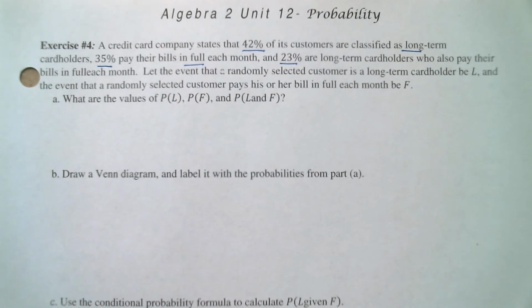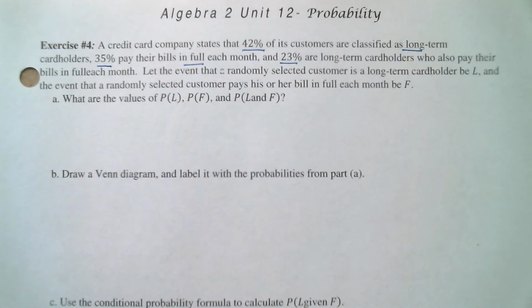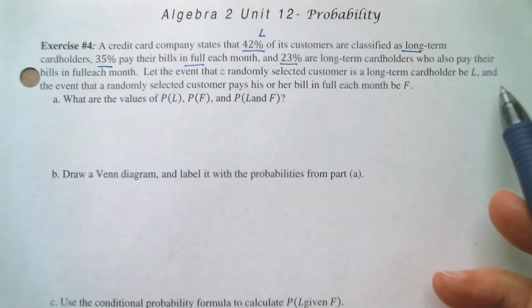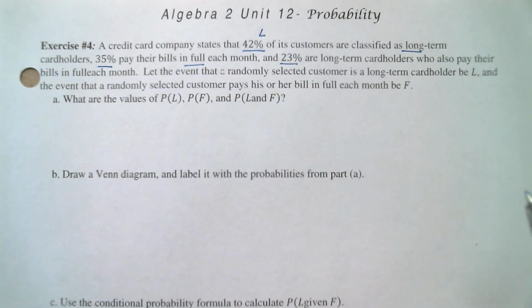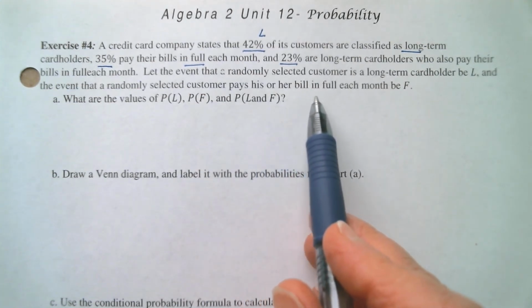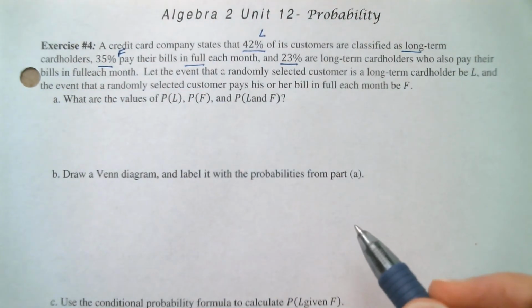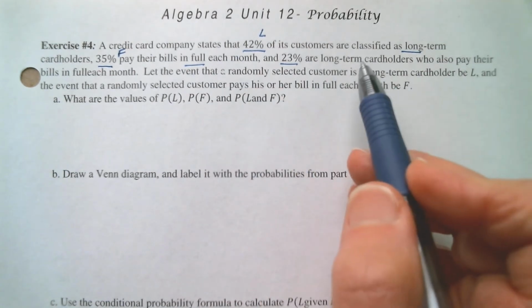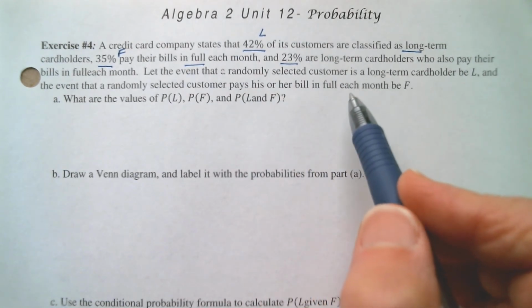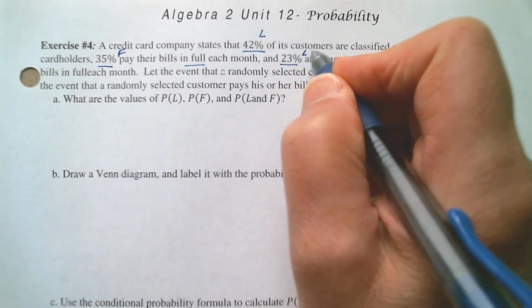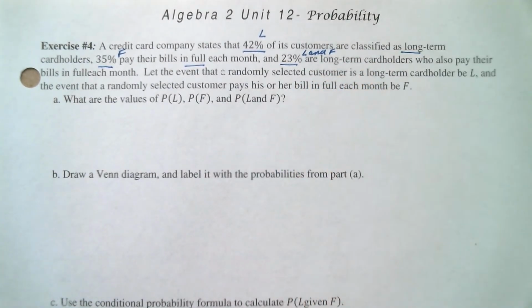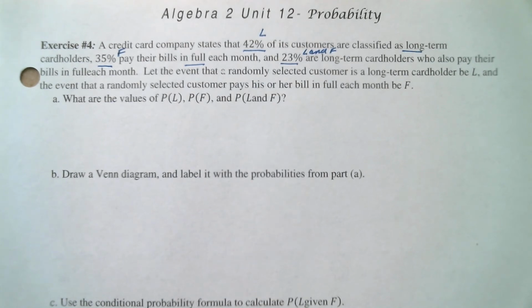Let the event that a randomly selected customer is a long-term card holder be L, and the event that a randomly selected customer pays his or her bill in full each month be F. So the 23% is L and F. What are the values of the probability of L, the probability of F, and the probability of L and F?